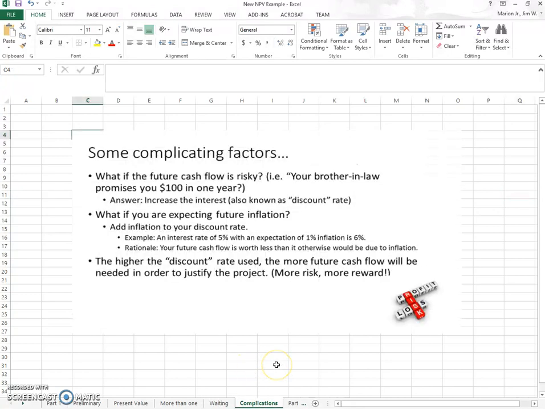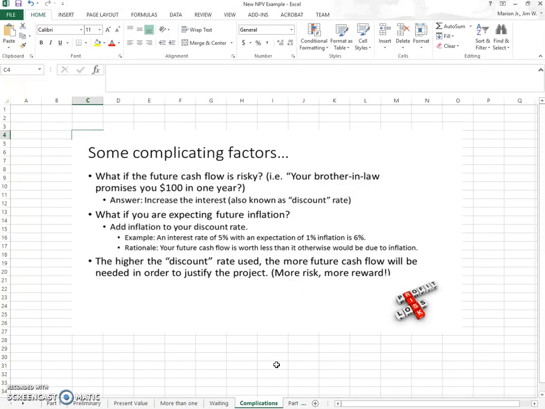Now, some complicating factors. What if the future cash flow is risky? For example, what if it's your brother-in-law that's promising $100 in 1 year? Well, to factor in risk, you increase the interest or increase the discount rate. This effectively means, well, if there's uncertainty involved, I better have more cash flow coming in, more reward to cover my risk. And that's reflected by putting in a higher discount rate. Okay, now what about if you're expecting inflation in the future?